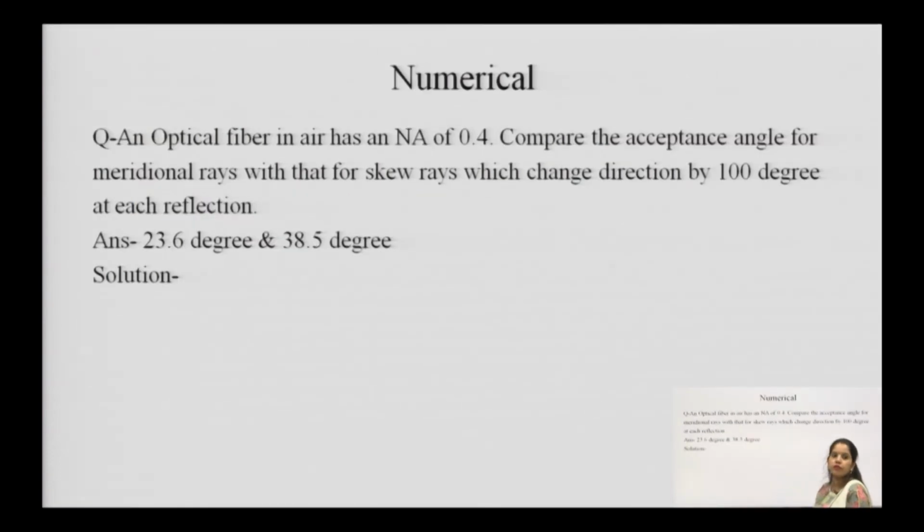Now just have a look at one of the numericals. The question says: an optical fiber in air has an NA, that is numerical aperture, of 0.4. Now compare the acceptance angle for meridional rays with that of the skew rays, which change direction by 100 degrees. First I am going through the meridional rays.